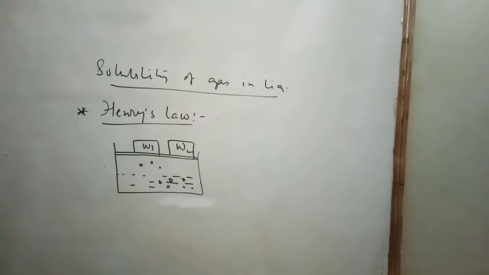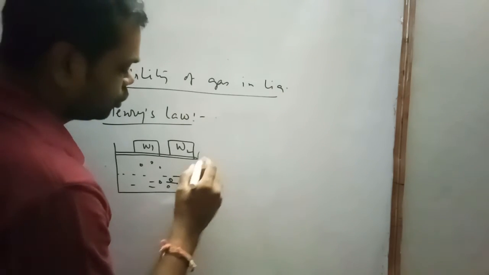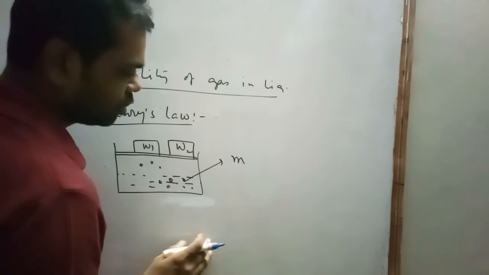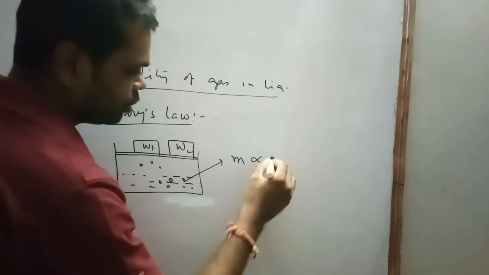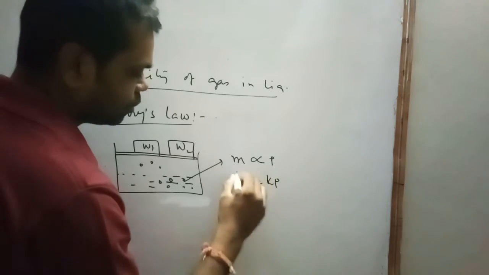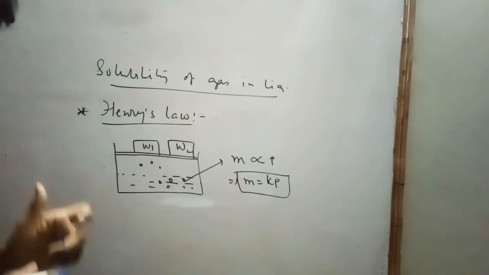So if pressure is more, solubility is more. The solubility of a gas represented by m, the mass of the gas, varies with P, which implies m equals Kp. This is what is called your Henry's law.